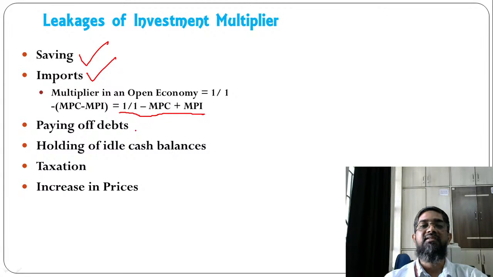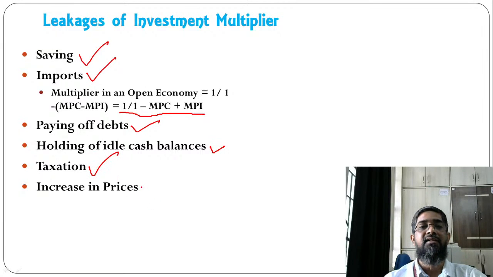Then if increased income is used for paying off debts, then also the value of multiplier goes down. Or if increase in income is held back by the people as idle cash, right, in the shelf, like a typical analogy, then again the investment multiplier will not increase, right? Then taxation also has a negative multiplier effect.